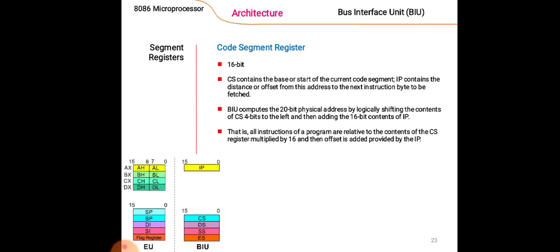As I told you, segment register will provide only 16-bit address, but the address bus of 8086 is of 20-bit, and the address of whole instruction or whole command is of 20-bit, right? So we need again 4-bit address for total instruction.